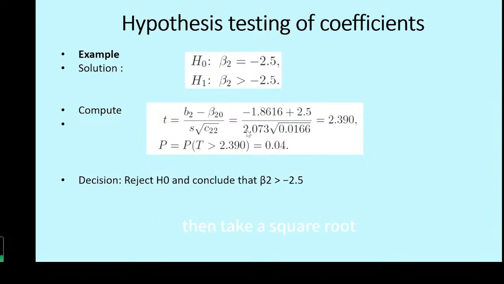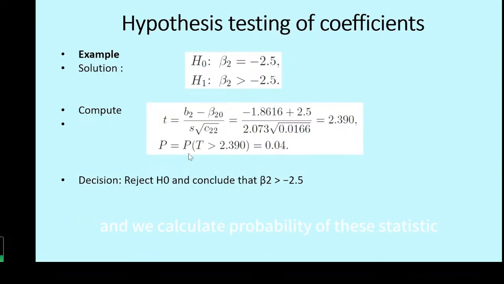And this is the C22 from the independent variables matrix, the inverse of the transpose multiplication. This value from this matrix, so we get 2.39.